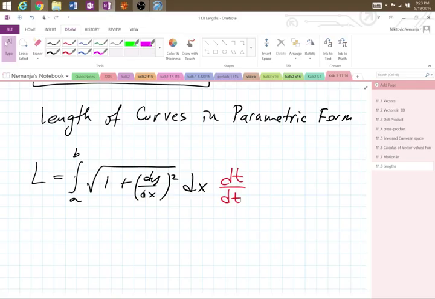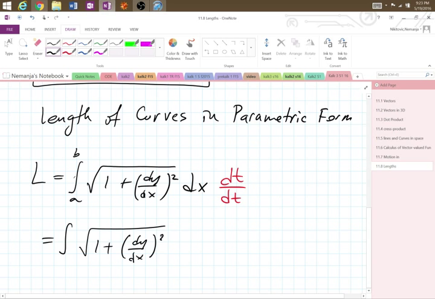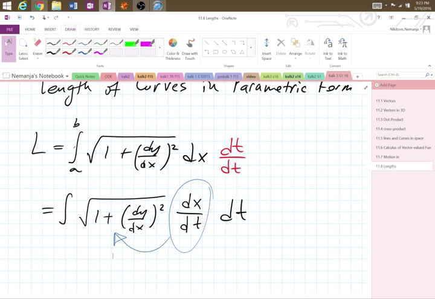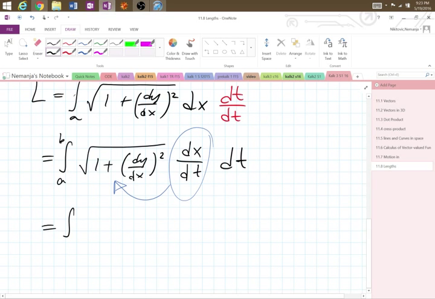So now I have 1 plus dy over dx squared. I'm going to write dx over dt and leave dt alone. And now I take this dx dt and I undergo the square root, which means it will pick up the square. So I get the integral from a to b.